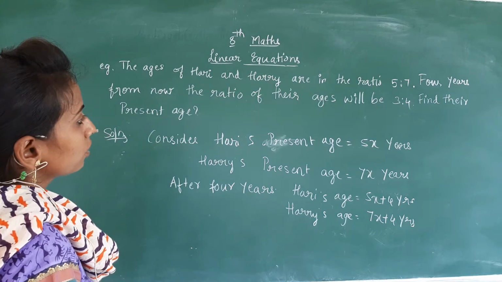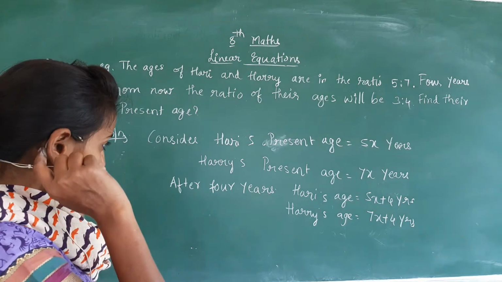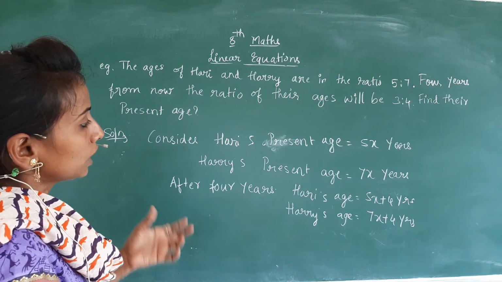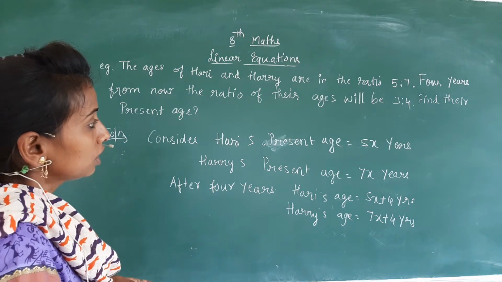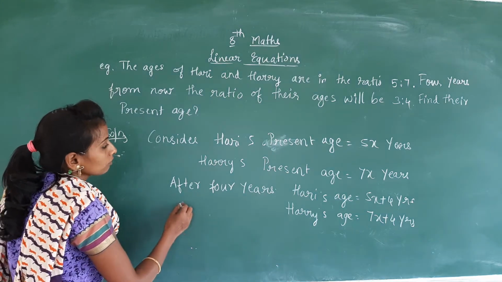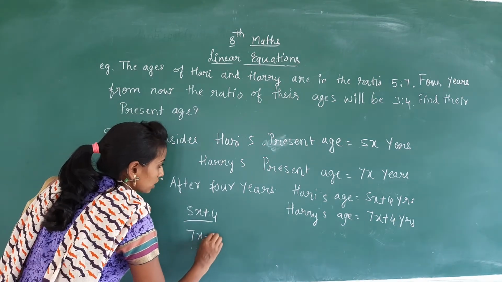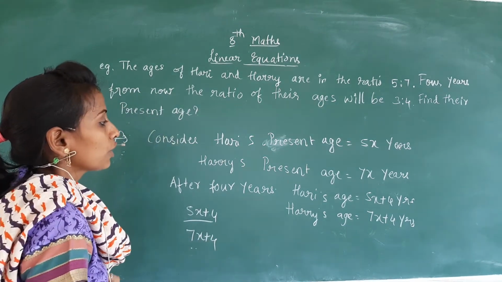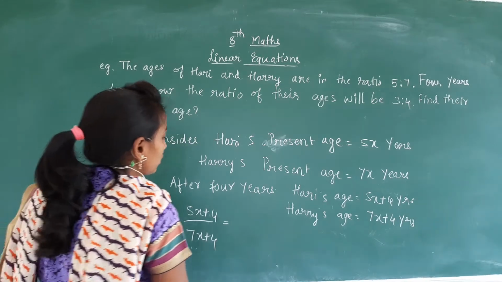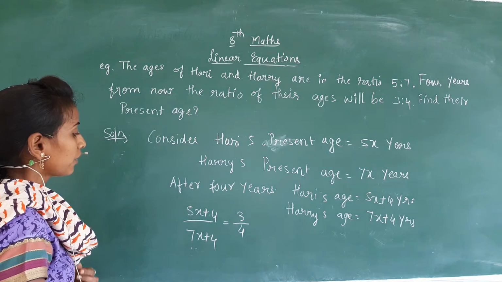Now what will the ratio become? 3:4. Now we are converting all these statements into algebraic expressions. We are writing these in linear equations. Means that 5x plus 4 and 7x plus 4 are in the ratio, means 5x plus 4 divided by 7x plus 4, that ratio will become 3:4, so I am going to write that 3:4 as 3/4.